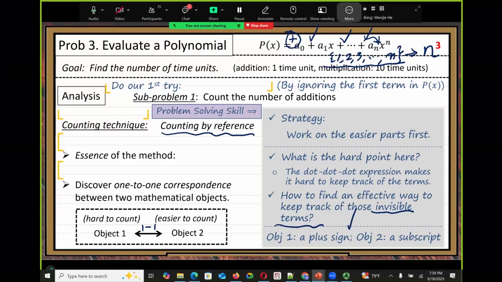If you really want to include A0, you may add 0 plus A0, but this is unnecessary. That's why you do not include A0. You can save one addition.